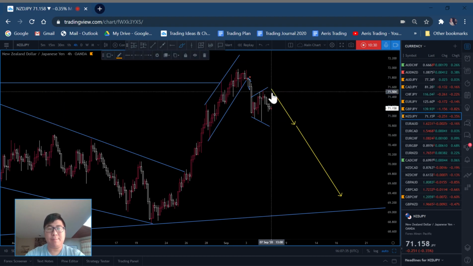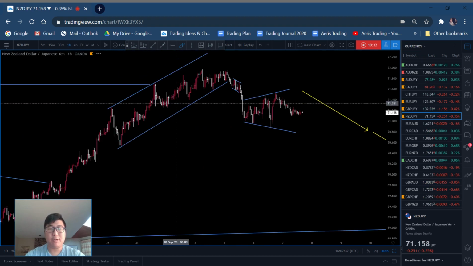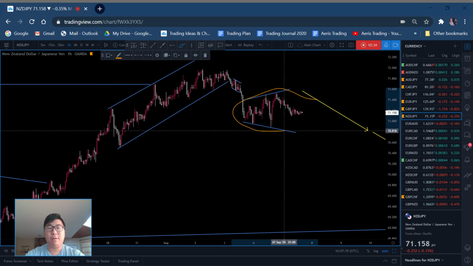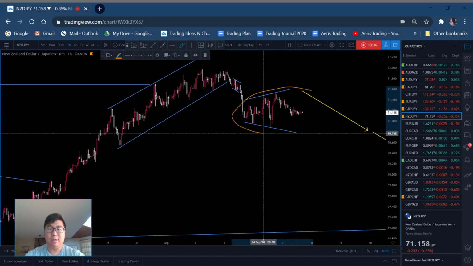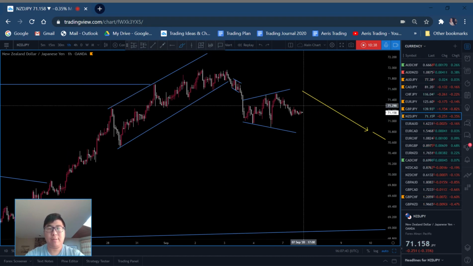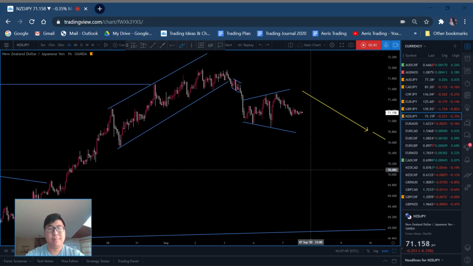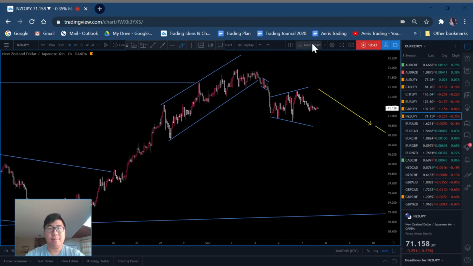It's important to know that, yes, price is making a corrective structure, and price is likely to break down more. This is my analysis, but I'm not married to my analysis, and this is really the key.